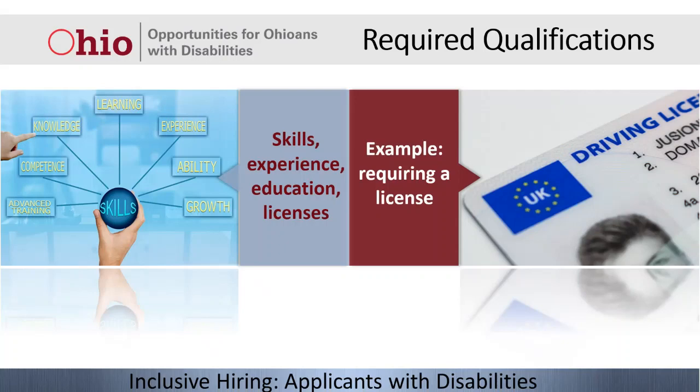An applicant with a disability that does not have a driver's license may be able to attend evening meetings throughout the community by other means than driving, such as using public transportation, a ride share, or attending the meeting through video conferencing. So this could be a scenario where a required qualification unintentionally screens out a qualified applicant from applying for the job.